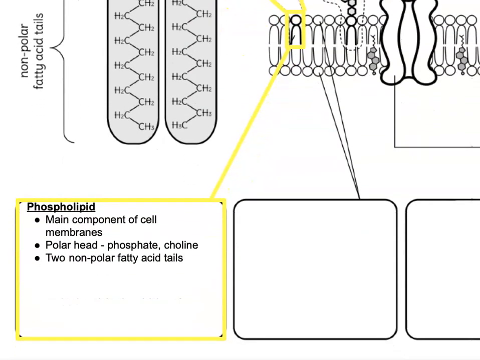The phospholipid is the main component of the cell membrane. Again, each phospholipid contains a polar head that is made up of a phosphate and choline, and it also contains two nonpolar fatty acid tails. All of the nonpolar tails are going to turn towards one another in an attempt to exclude as much water, which is a polar molecule, as possible.